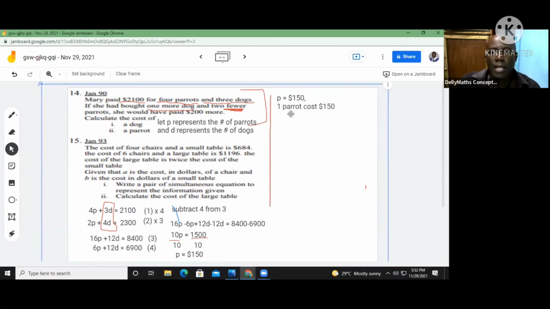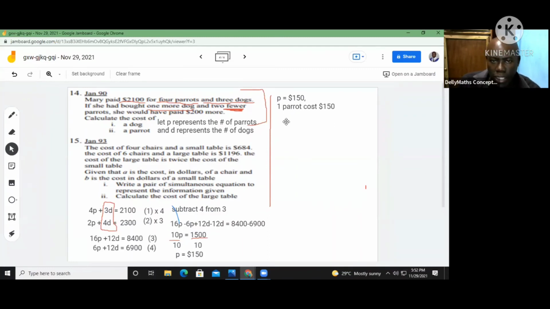All right, so that means we could substitute the value for that parrot in the other equation. So that's where it comes from. We can now substitute 150 for P, and you could do it in any equation. I'm going to do it in equation 1.